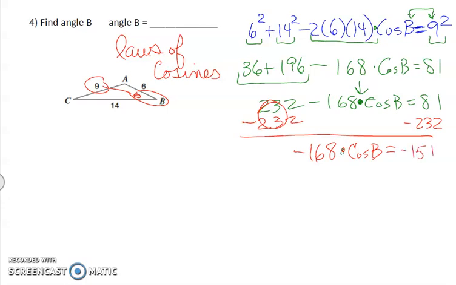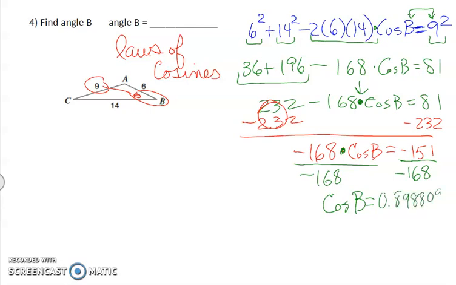We have a multiplication problem, so that means to get rid of the negative 448, we need to divide both sides by negative 448, and that will leave us with the cosine of B. And so the cosine of B is going to be approximately 0.8280.